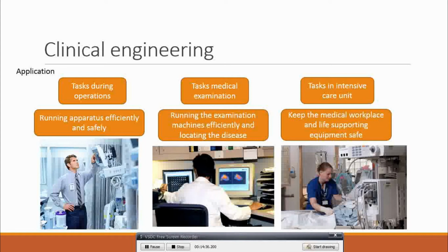That means you are the one who will be responsible to go in and check, so that everything is functioning and the operation will be successful. And then tasks as medical examination personnel, running the examination machine efficiently in locating the disease. That means, up to a certain level, you also will pinpoint the areas that have been imaged, for example, or where the examination has been done.